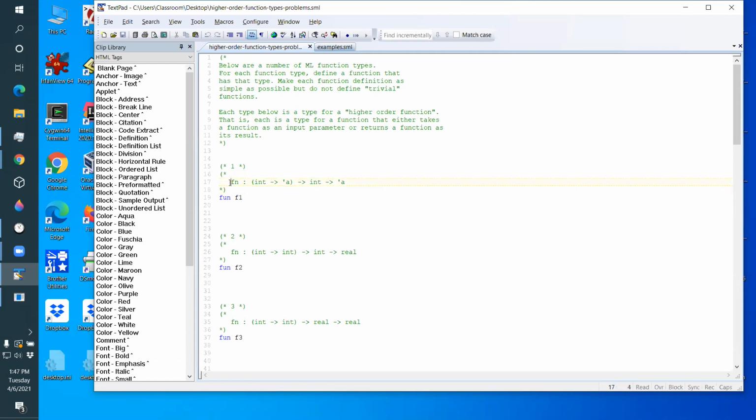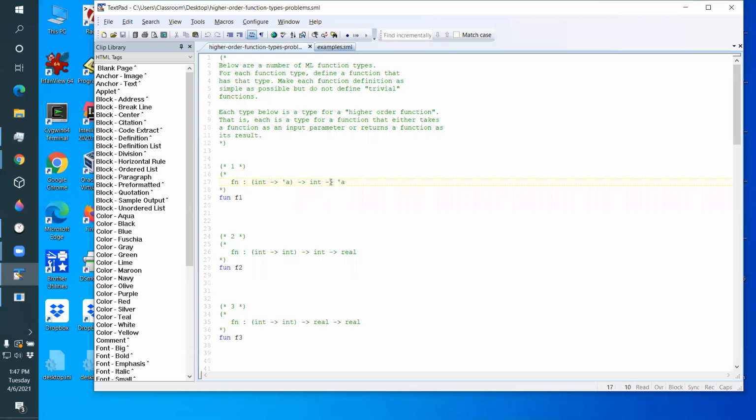So this function takes in, see, it's got 2 arrows. Now be careful of that arrow. See, it's grouped. So this is a signature of a function that takes in 2 inputs, an int and a function. So it's a higher order function. The parentheses here say that's an input to this function.